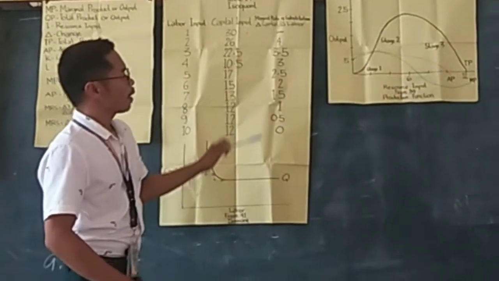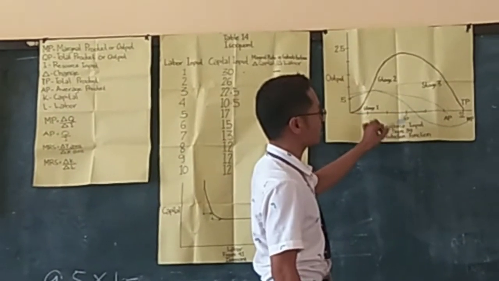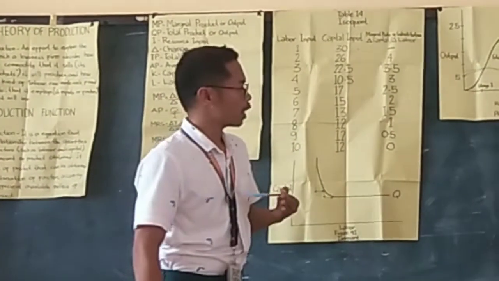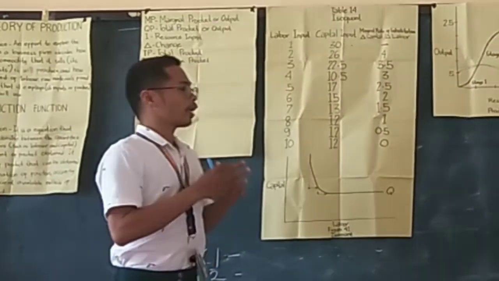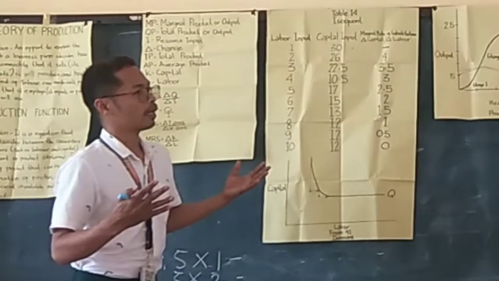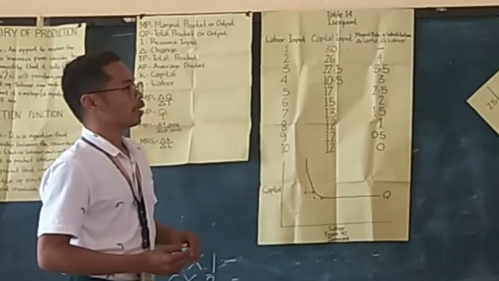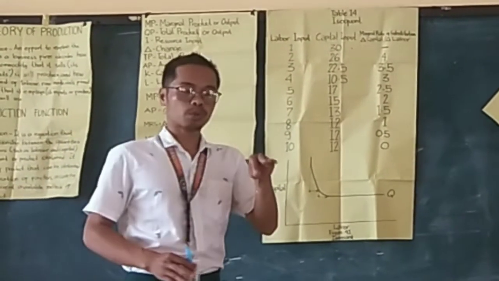But pagpunta na niya dito sa stage 3, ano na siya? Tagilid na siya, nag-negative na po siya. So, the labor, the input that we need, kailangan talaga natin siyang i-consider in producing a good output.